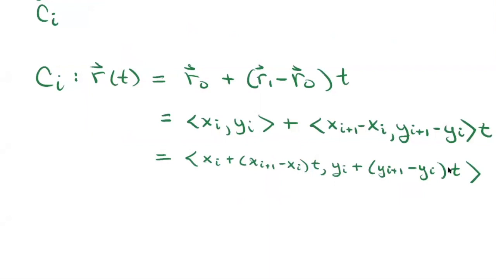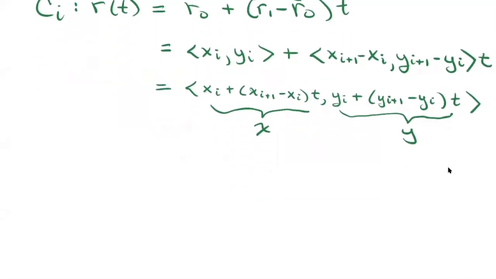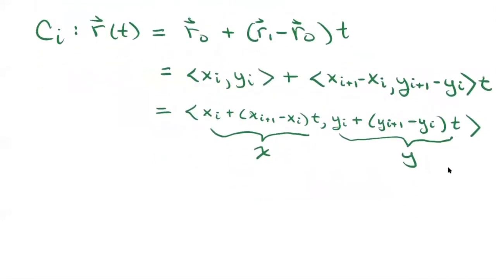Okay, so this thing right here is x, and this thing here is y, and we may as well say dx is going to be x sub i plus 1 minus x sub i. Yeah, it's the difference of two x's, times dt.